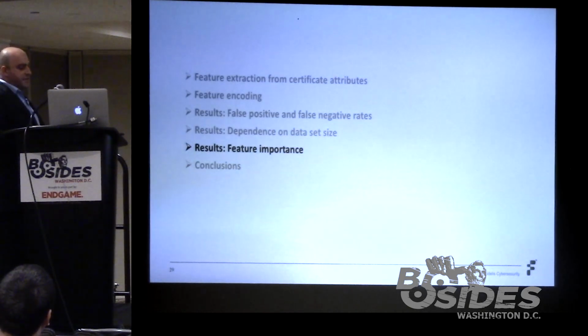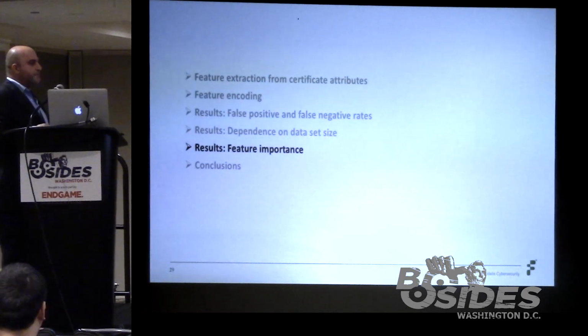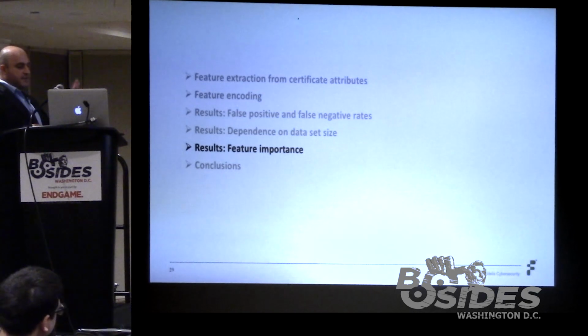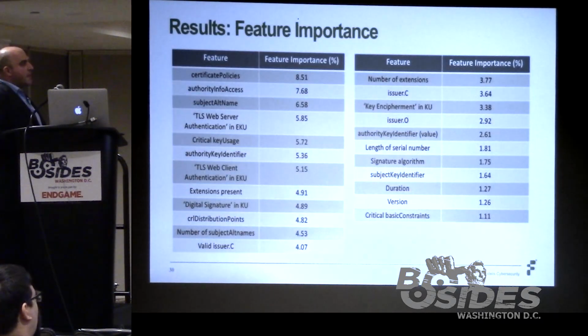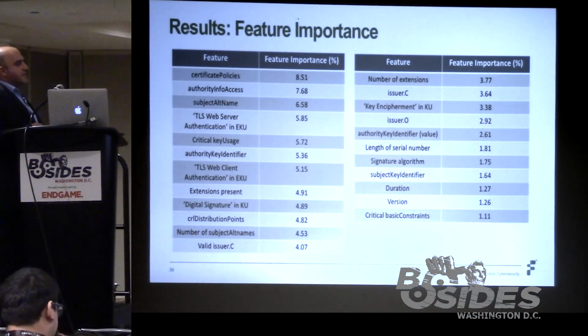The final set of results I'm going to show is the feature importance. We looked at the attributes and how we extract features from them. We used a bunch of them, and we want to get some intuition as to which of these features, which of these attributes, is more important in determining whether a certificate is malicious or not. So this is the table for the most important features.